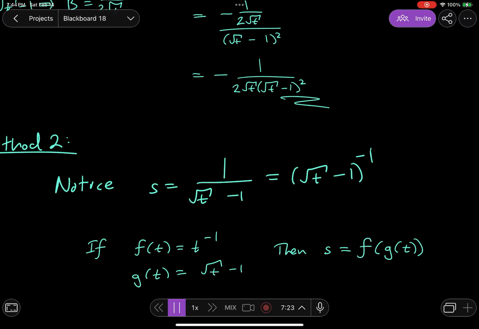Okay, so notice that if I grabbed this function, plugged it in for t, in other words, every time I saw a t here, I would replace it with g of t, that would create s.